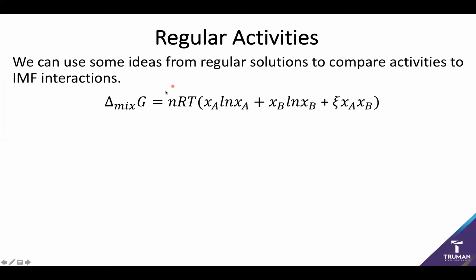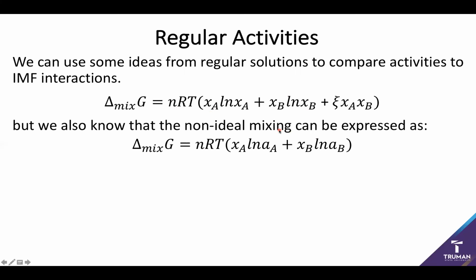And again, all of this is modified by nRT. But we also know another way to describe the free energy of mixing, which is treating this system as ideal. So I just used the ideal expression, which was entirely entropy driven, and then we substitute out the mole fraction of A and B with the activity of A and B.